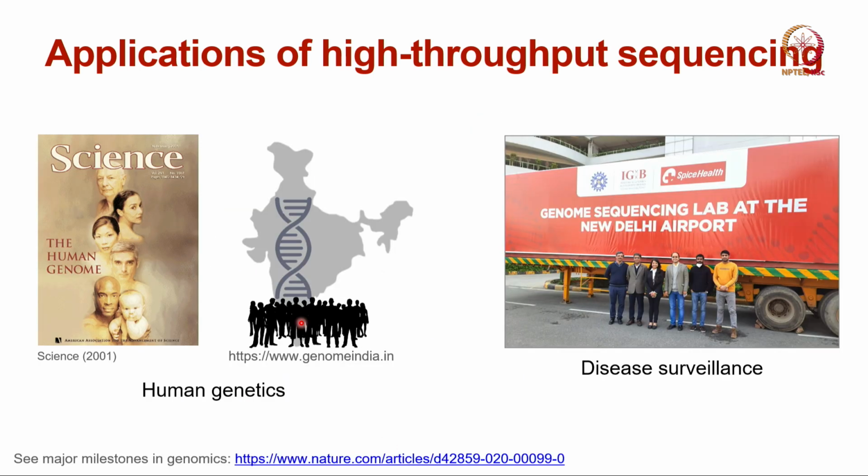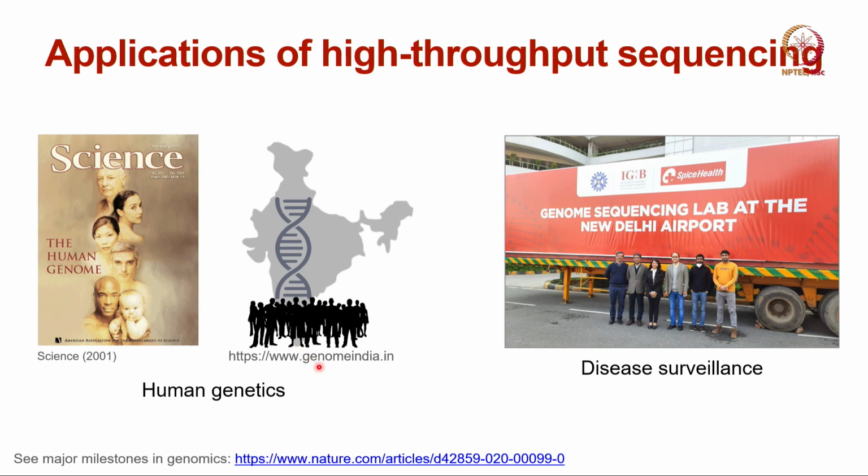In human genetics also, the application of genome sequencing is to sequence people. For example, the first human genome sequence came in 2001, and now because sequencing technology has become so ubiquitous, we can even sequence large populations in different countries.